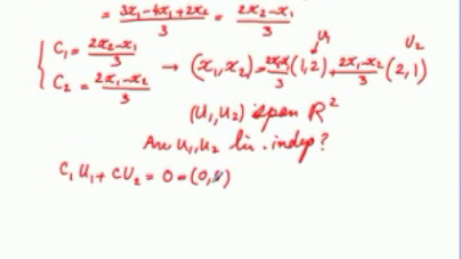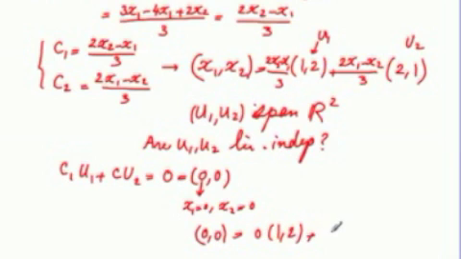So you are asking this specific question. Construct the origin for me. Construct the 0 vector. Well, 0 vector means x1 is what? 0. x2 has to be 0. So the only way to make 0, 0 is what? Take 0 of the first vector and 0 of the second vector.